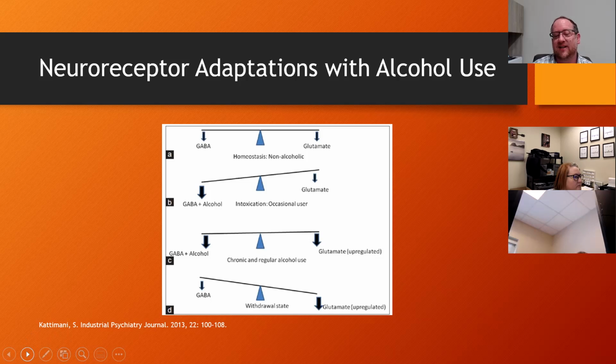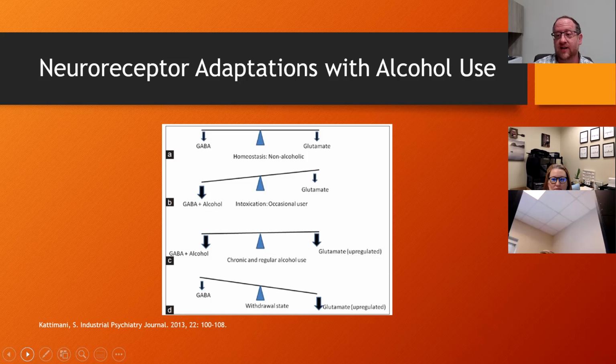And so in cases of acute intoxication, particularly for those who are not tolerant to alcohol, what we're seeing is just a heavier GABA presence in the brain versus glutamate. So you're tipping that scale to inhibitory.